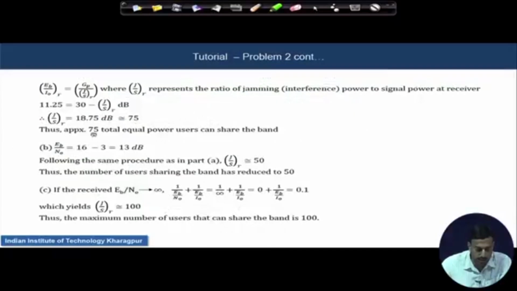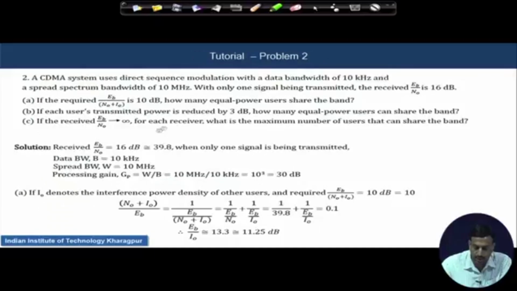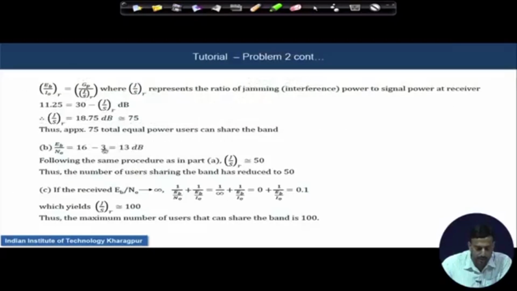power is reduced by 3 dB. Since noise PSD remains the same, a reduction in user's transmit power results in a reduction in user's energy per bit, and so therefore the original value of 16 dB which was specified is now reduced by an amount of 3 dB.